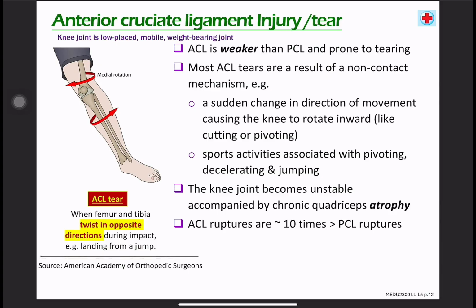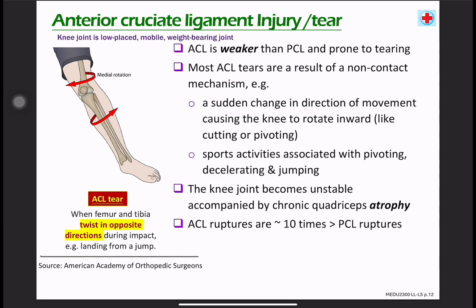The mechanism typically involves a change in direction where the thigh moves anteriorly while the leg rotates laterally. Essentially it's like a twist in opposite directions. This often happens during a landing from a jump.